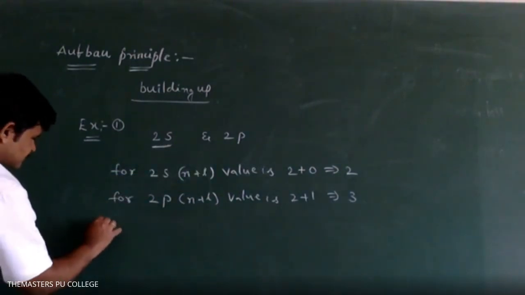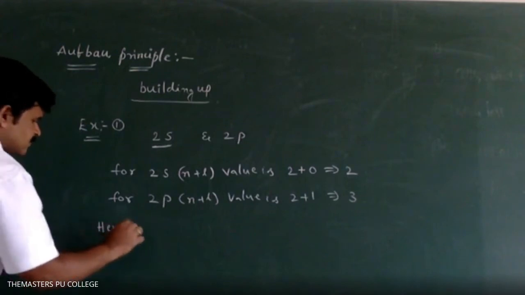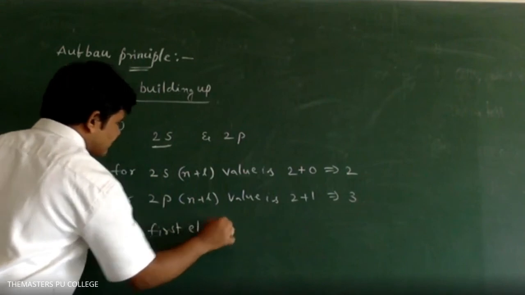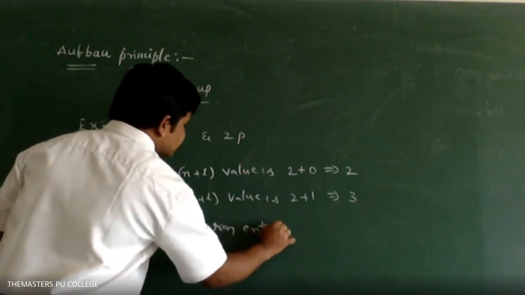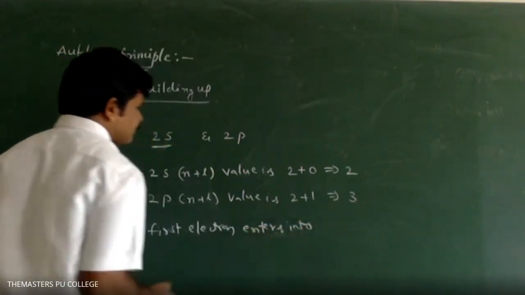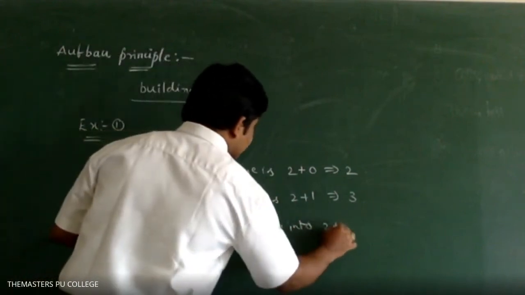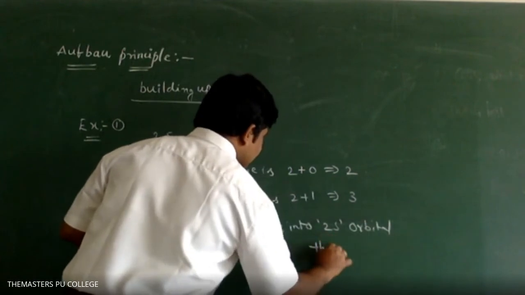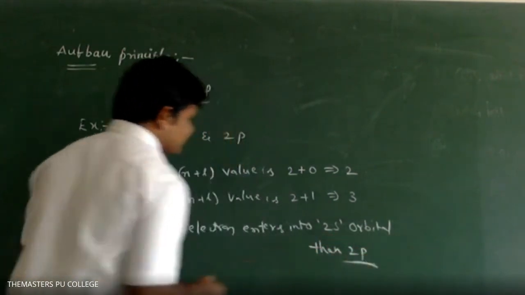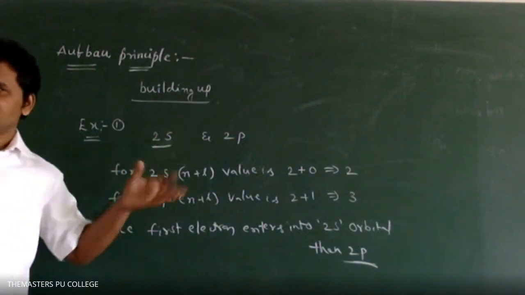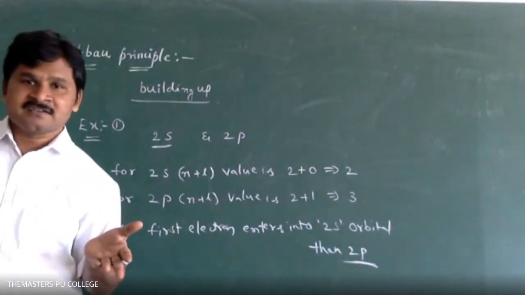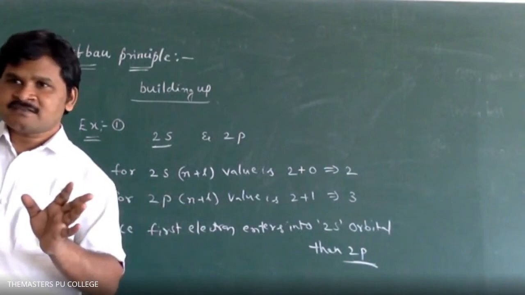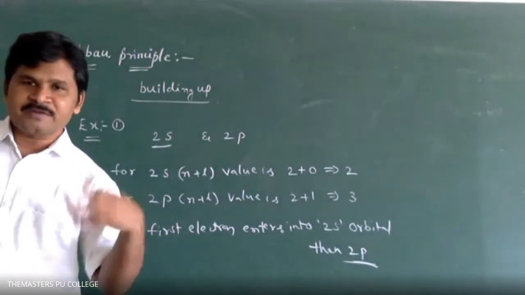Hence, the first electron enters into the 2s orbital, then the 2p orbital. Generally, you know electronic configurations: how will you write it? 1s, 2s, and after that 2p.